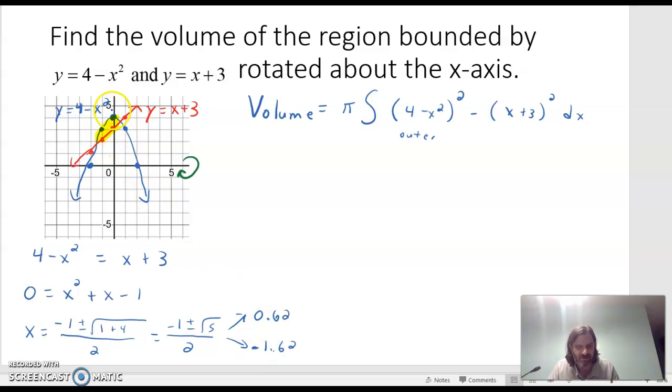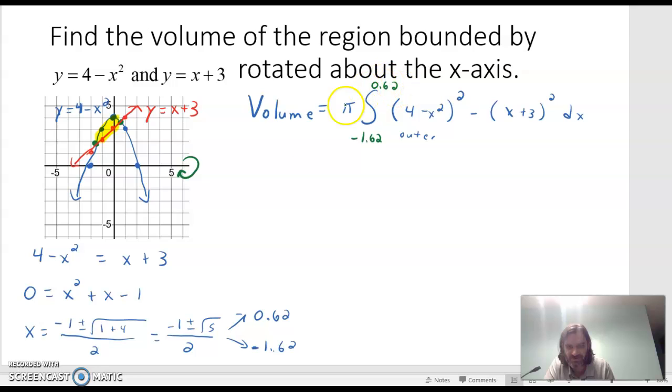Just looking at our graph, that seems about right, even if I don't like the numbers. Over here, where they touch, that could be about 0.62. It looks like it's between 0 and 1, a little bit more than a half. And on the other side, negative 1.62 falls right here, between negative 1 and negative 2. My graph is not the best, so who knows where it's supposed to be exactly. But we'll put those in here and hope for the best.